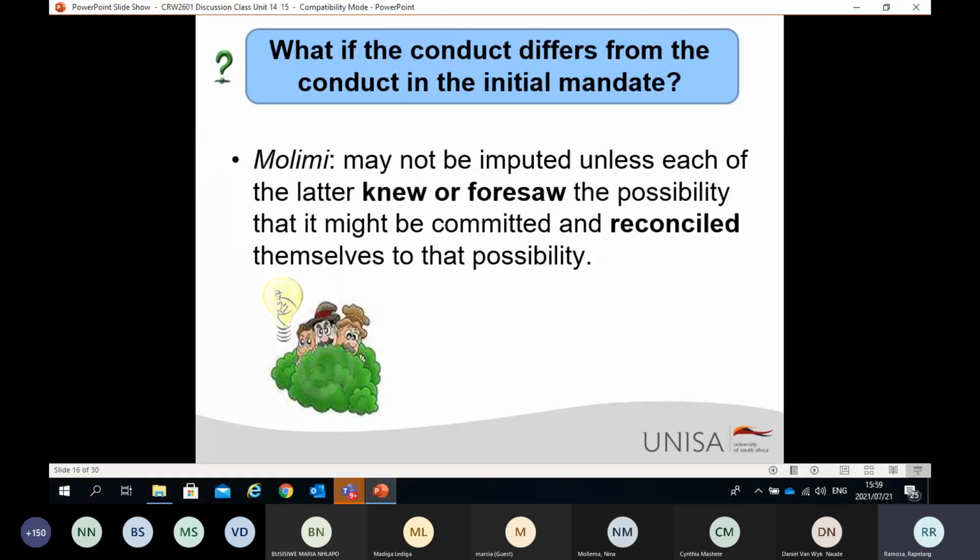He can't say that because he would be deemed to have foreseen the possibility of that happening, and would be deemed to have reconciled themselves with that possibility if they proceed, nevertheless, with what they knew or foresaw.